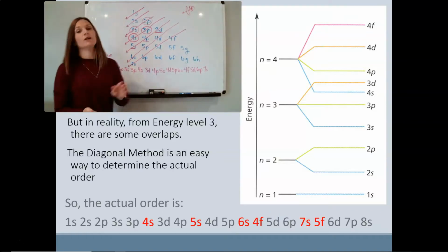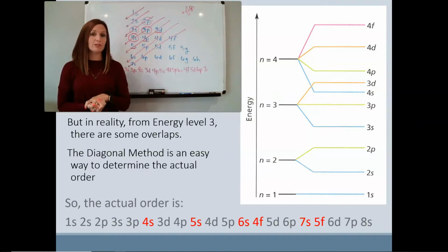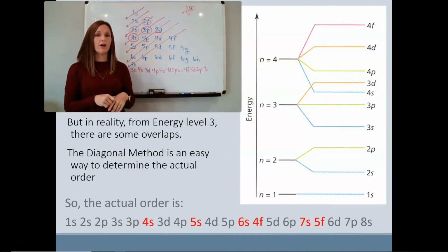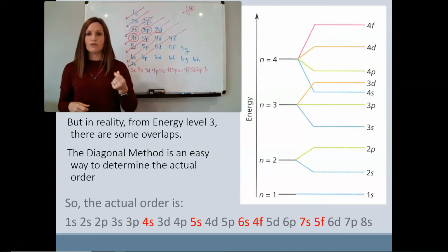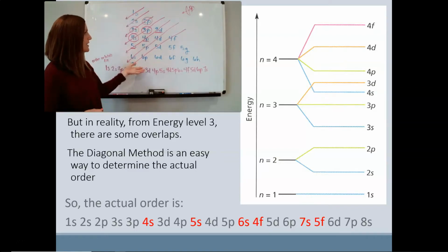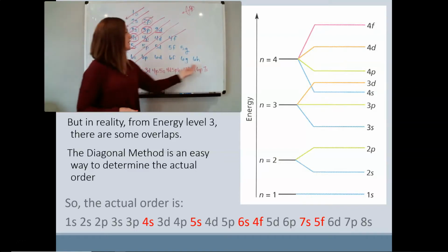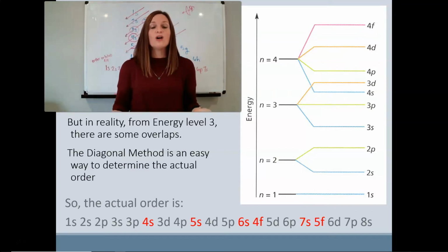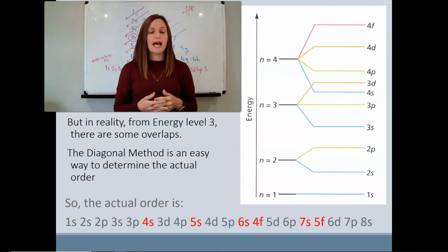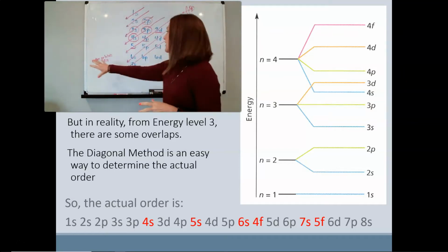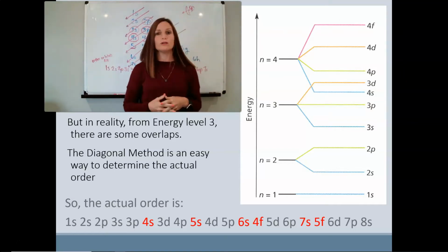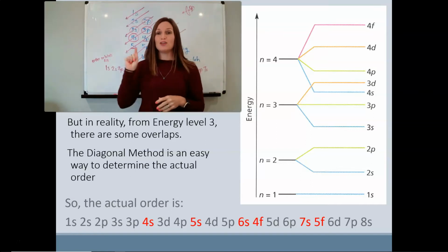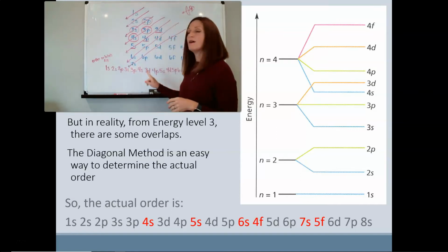If we were in live class, if we were back at Bishop, you would have a quiz on this tomorrow. You would need to be able to, off the top of your head, create this diagonal and create this list. Now, the reality is that you guys are at home, so you're not going to be tested specifically on can you create this order of the orbitals, but I will tell you now that you have to know this order of the orbitals.